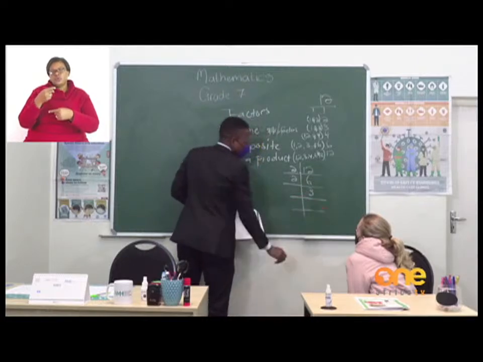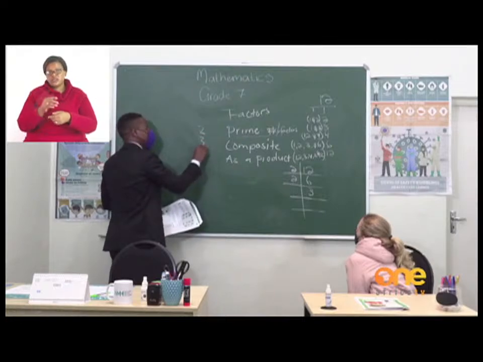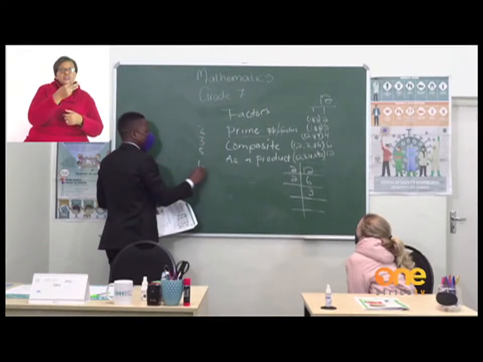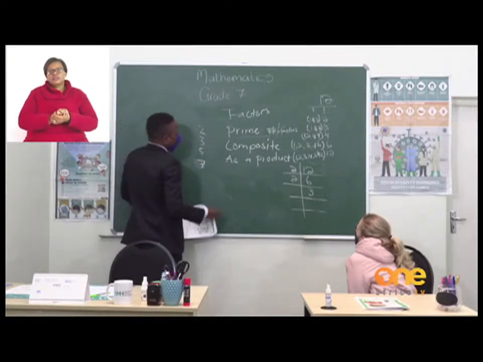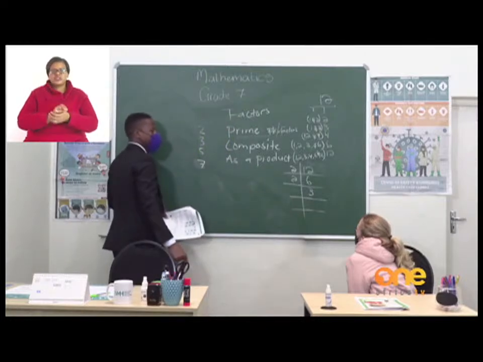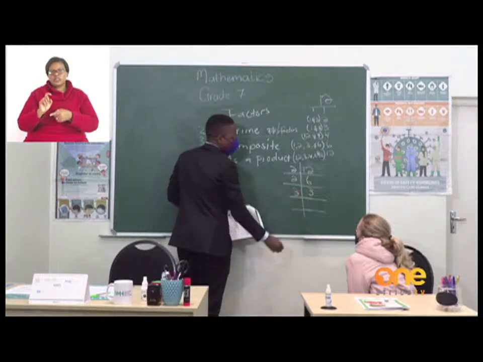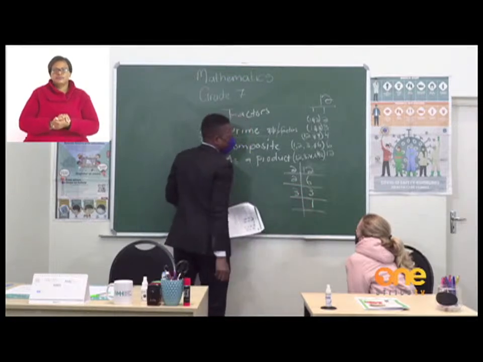In the next number, 2 cannot go into 3. 3, of course, can go into 3, so 3 goes into 3 one time.